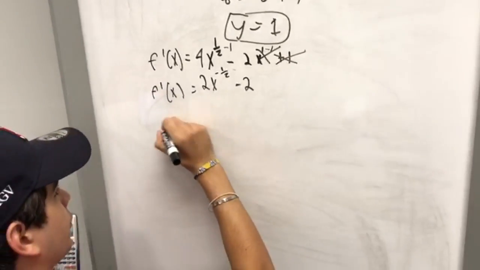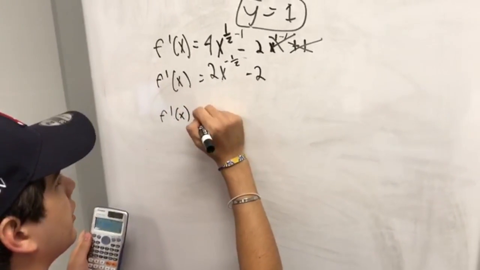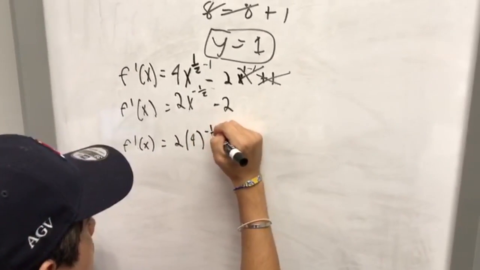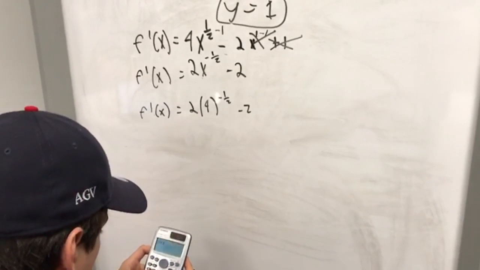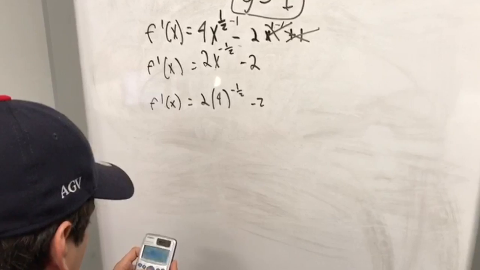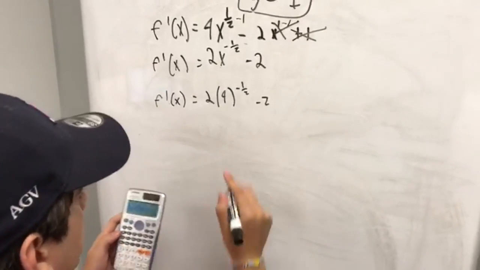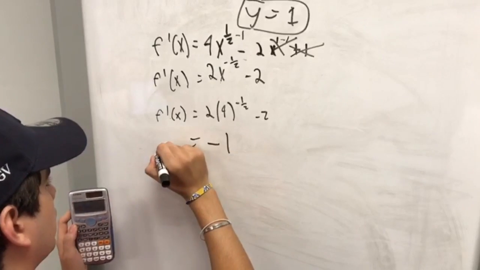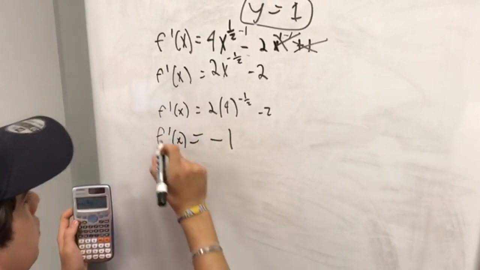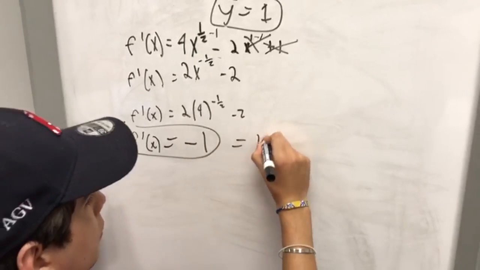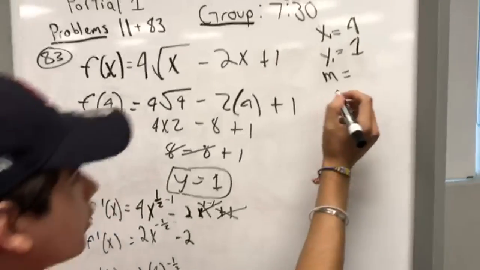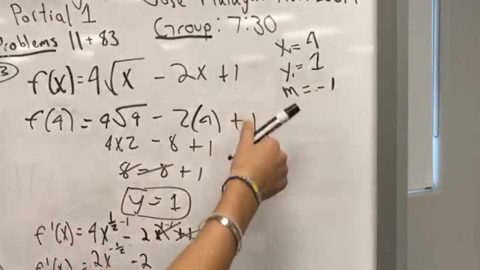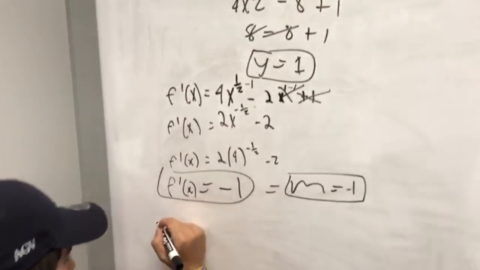Then after this you will need to plug in the 4, the initial x. It will be 1 minus 2 equals negative 1, so f prime of x equals negative 1. This means m equals negative 1. So you put this, and after that you just plug it into the formula to find the tangent line.